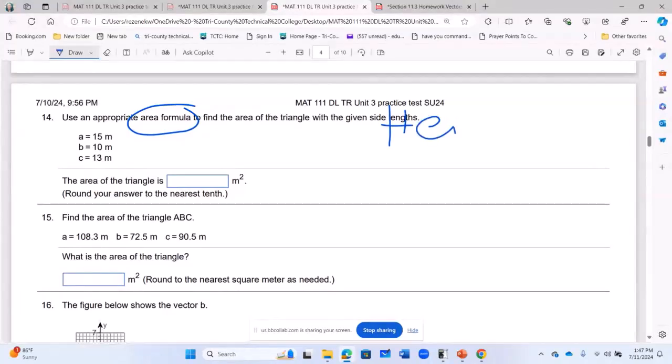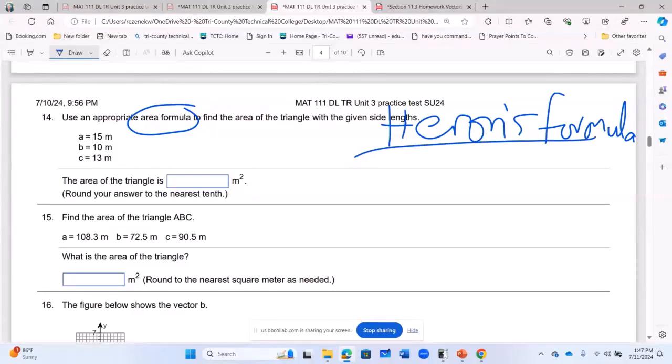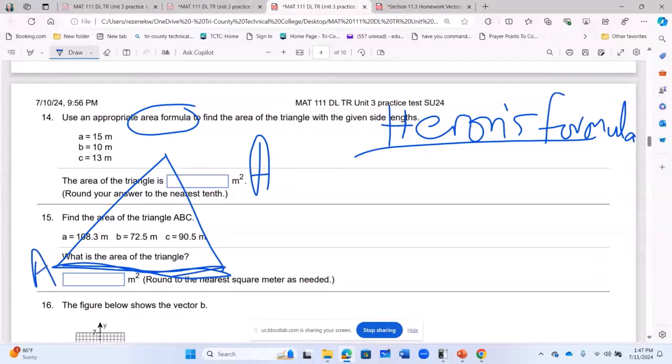So let's go. I'm going to use Heron's formula. We know it from a geometry class. They won't tell you which formula to use. You have to figure out which one. So area of a triangle. By the way, let me just sketch a triangle, A, B, C, where the side opposite A is small a, the side opposite B is small b, and the side opposite C is small c.